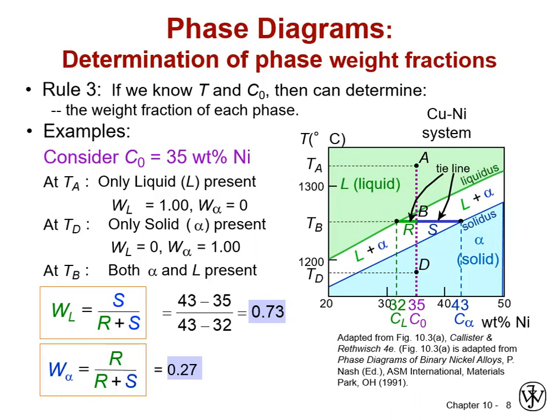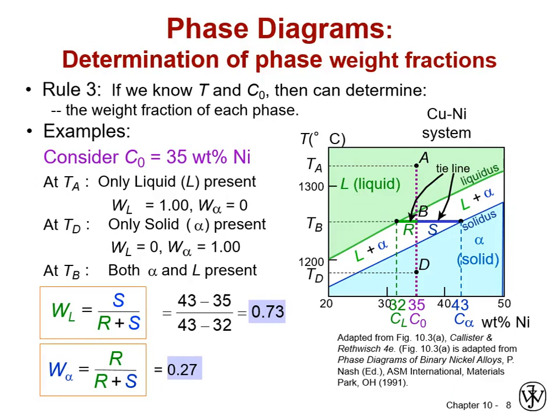And this should make sense, because if your overall composition is closer to the liquidus, you have probably more liquid present, so the fraction would be given by the opposite side of the tie line. So it's a little bit opposite intuitively depending on how you look at it, but when you are looking for the relative amounts of two different phases that are present, you ratio the portion of the tie line going to the opposite phase boundary over the total length of tie line as a general rule.